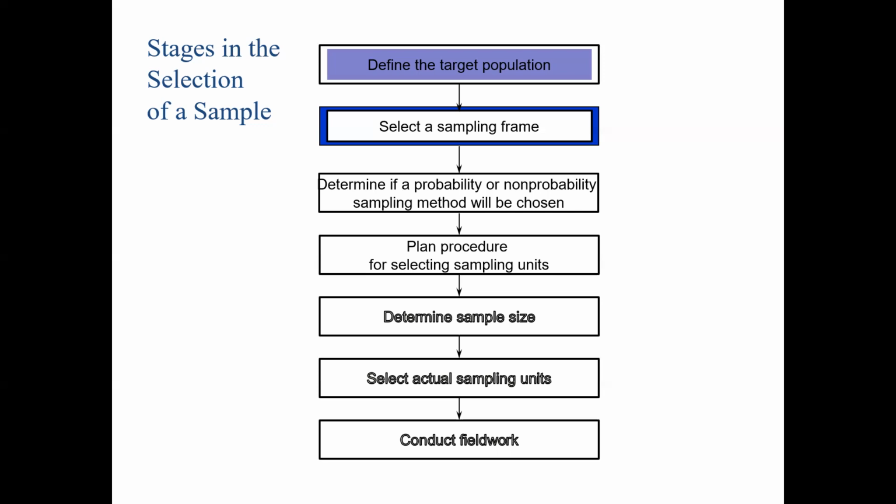Now I will start choosing those population elements who are going to be added to that sample. I've chosen the method, it may be a probability method or a non-probability method, and I start selecting those sampling units from that sampling frame.